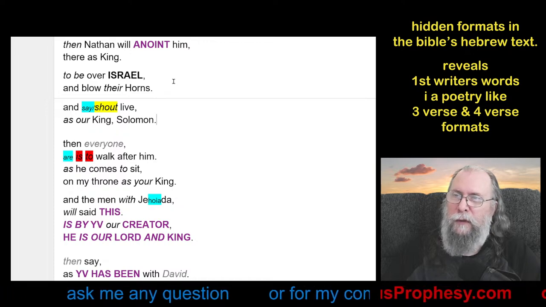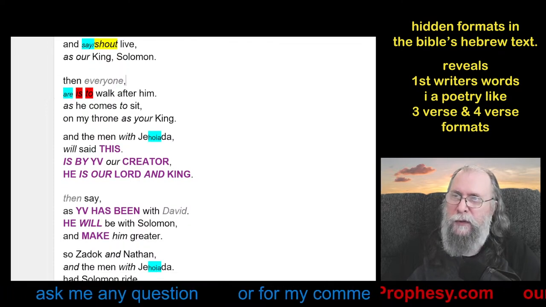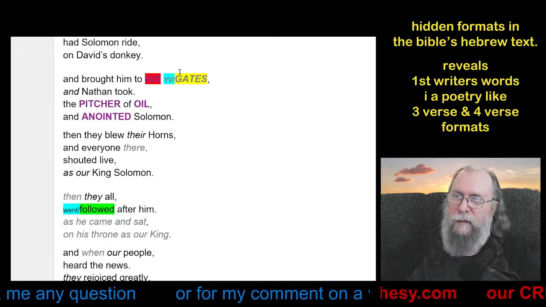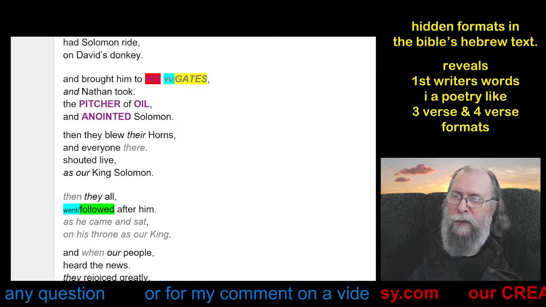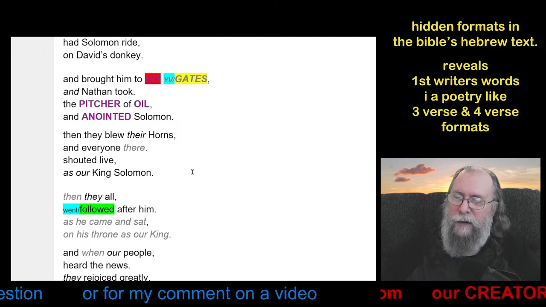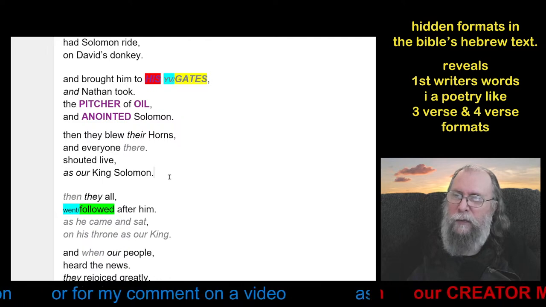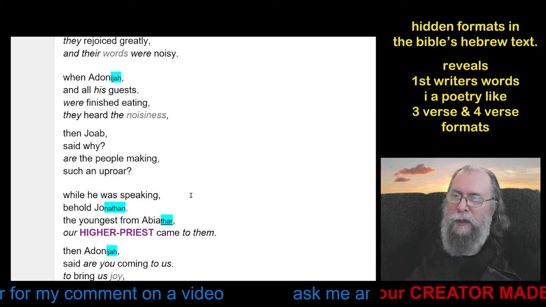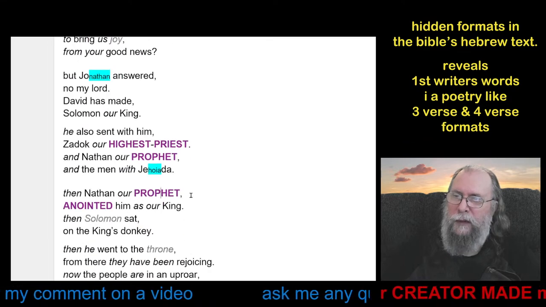Again, name change. Just trying to make it easier for everybody to read. This is tied to the first part up there that needed to be changed. They all went after him. They all followed after him is a more precise word. Name changes again had to be kept throughout the text here.